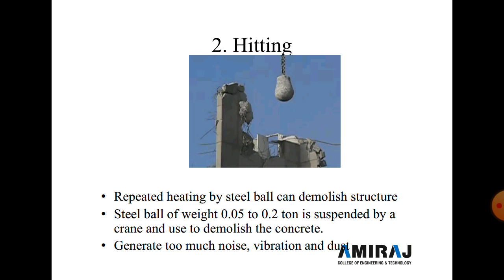The steel ball, weighing 0.05 to 0.2 ton, is suspended by the crane, and it is used to demolish concrete, but it generates too much noise, vibration and dust during the process. So by the crane we hang the steel ball of a weight of 0.05 to 0.2 ton, and hit it to demolish the structure.